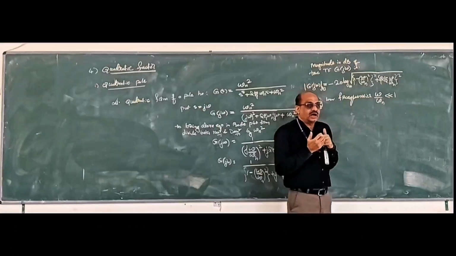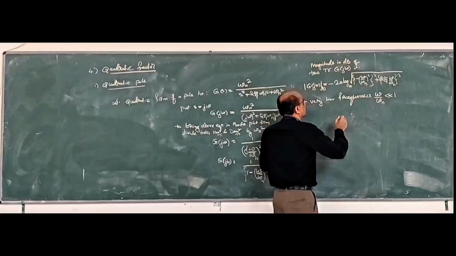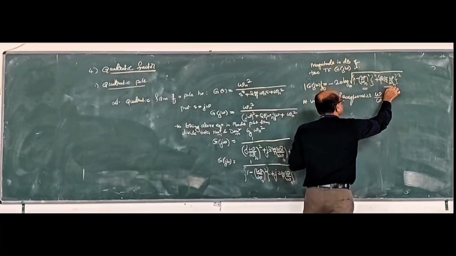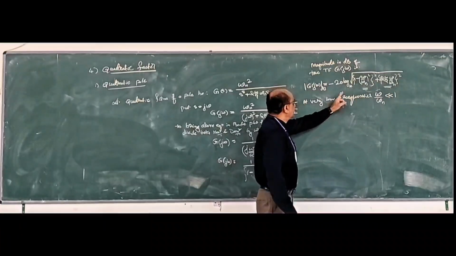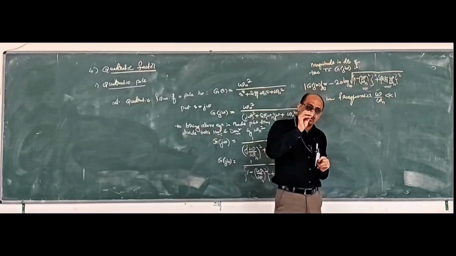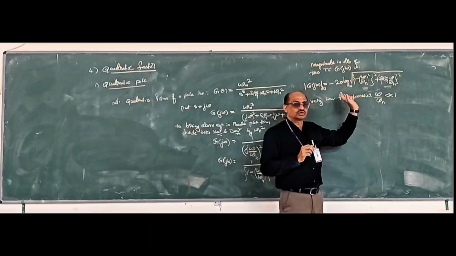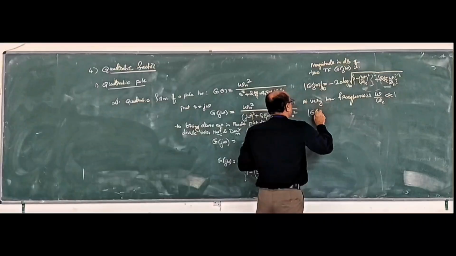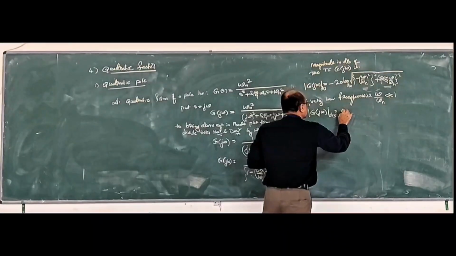When omega is at a lower frequency, it is very small, so you can neglect terms like this one. Can we neglect both the terms? Then I am left with only 1, because these two terms are far lesser than 1, and hence this is approximately equal to 1. So root of 1 is 1, and the magnitude in decibel becomes 0.